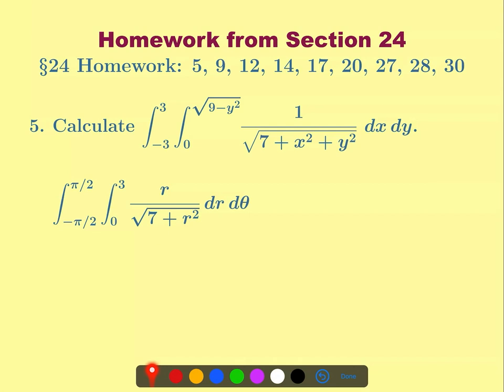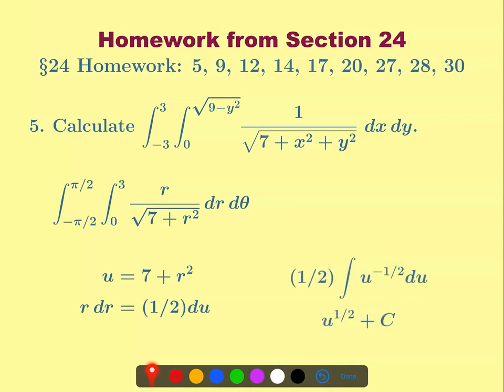It looks like we want a u substitution there with u equal to 7 plus r squared. Then r dr will be 1/2 du, because du here is going to be 2r dr. So we're going to replace this r dr with 1/2 du, and the square root of u in the denominator will be u to the minus 1/2.